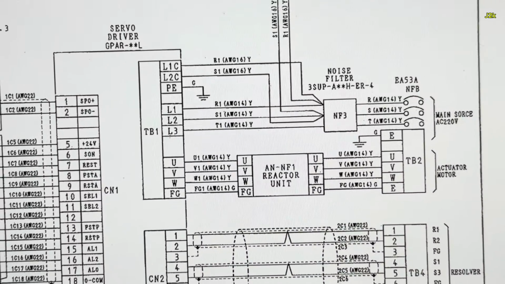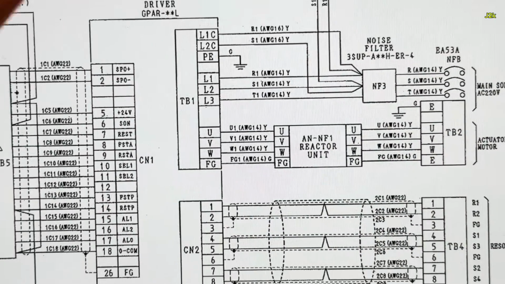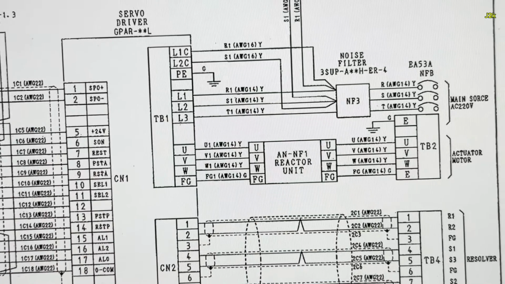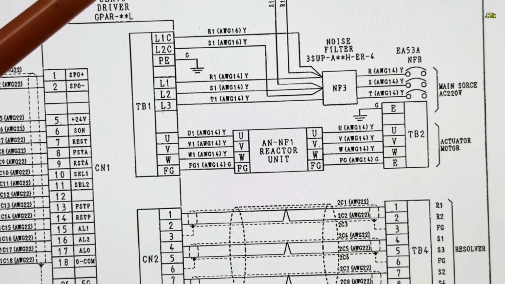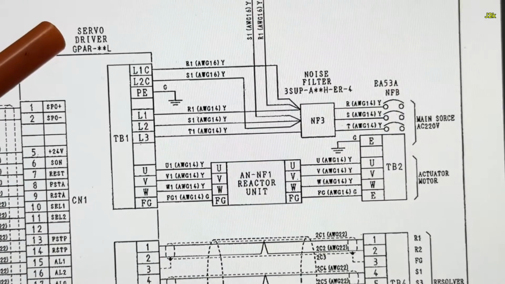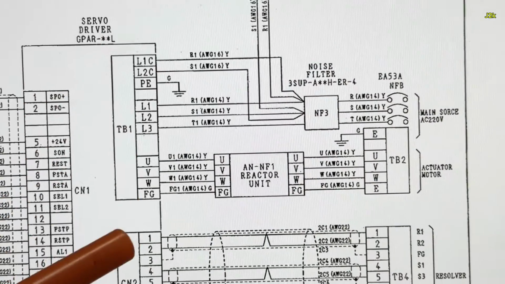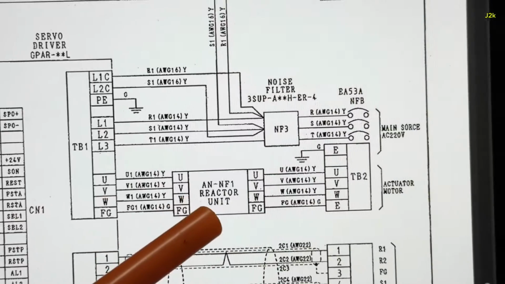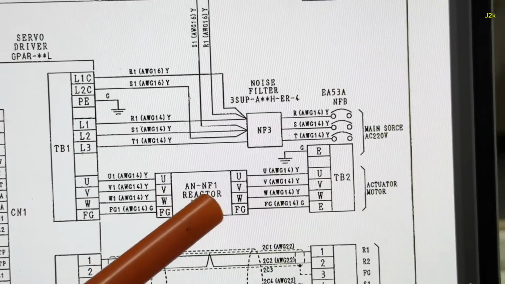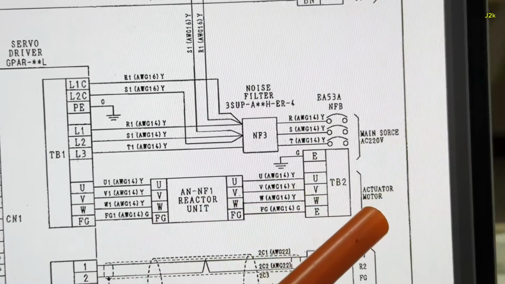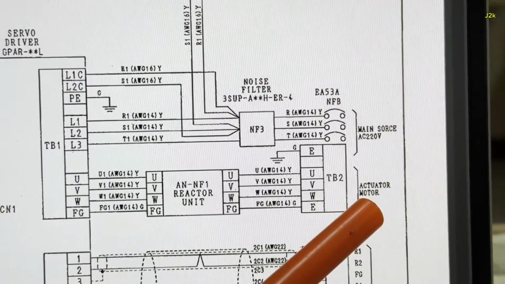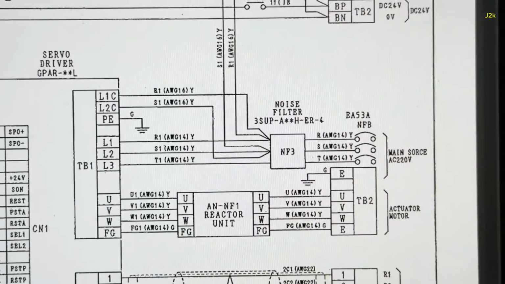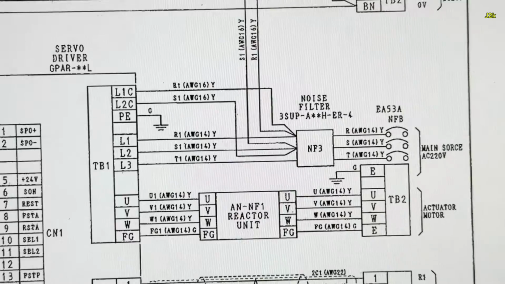So now, as per our troubleshooting of this electrical diagram, the problem is found in the servo driver unit due to no electrical output at the UVW going to the reactor unit and going to the TB2 of the actuator motor drive unit of the main engine governor motor.